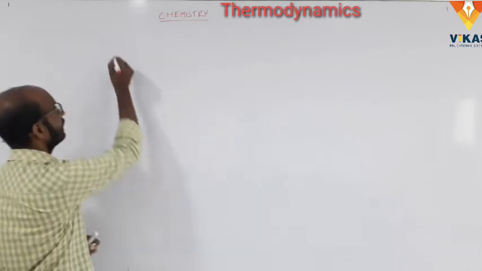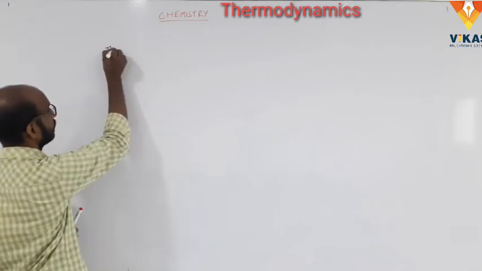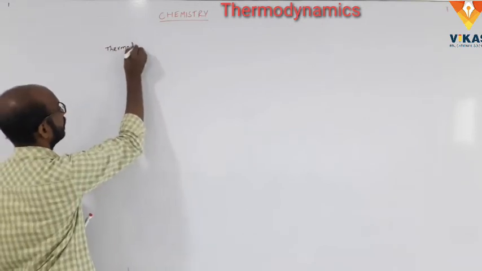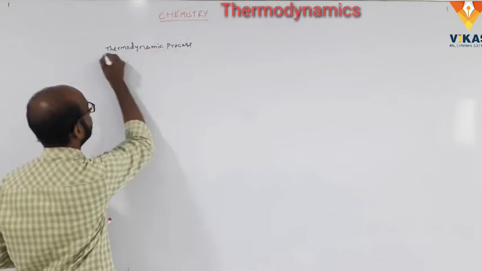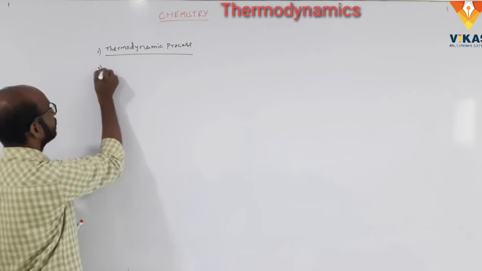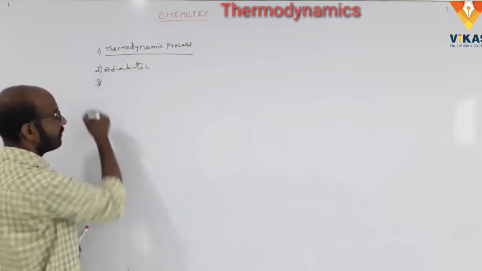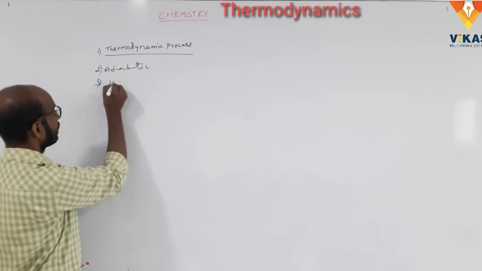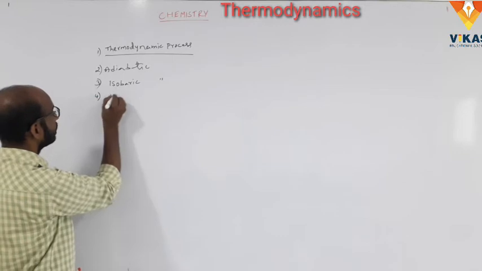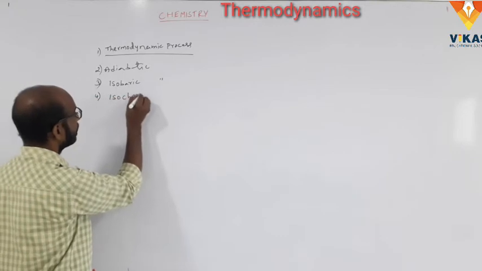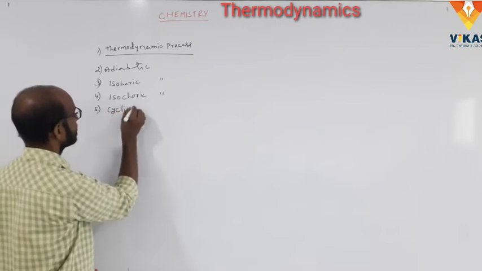One is the isothermal process, second one adiabatic process, third one isobaric process, fourth one isochoric process, and fifth one cyclic process.